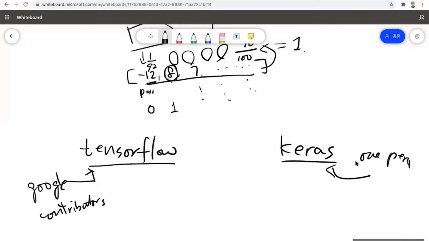So that was the original status of these two developments.